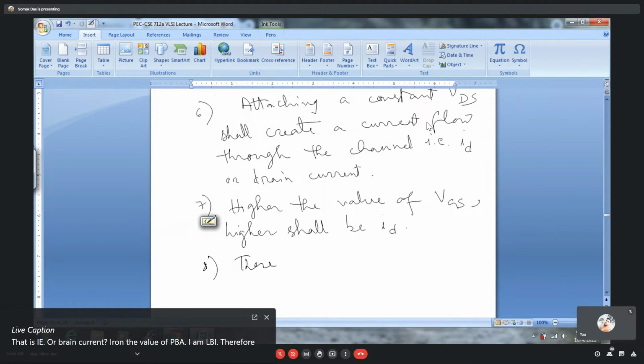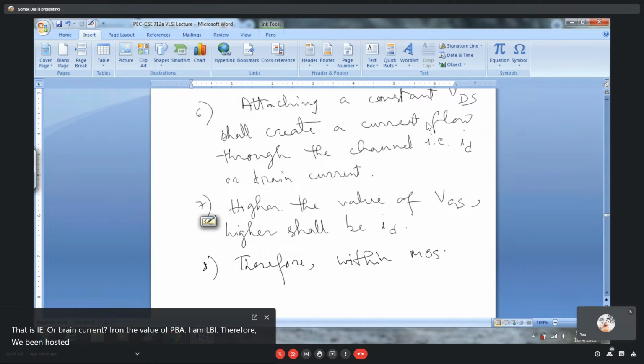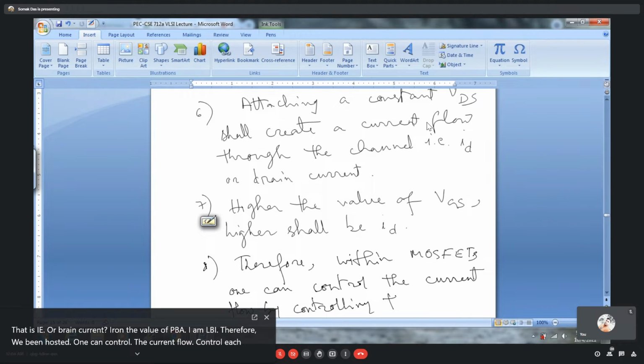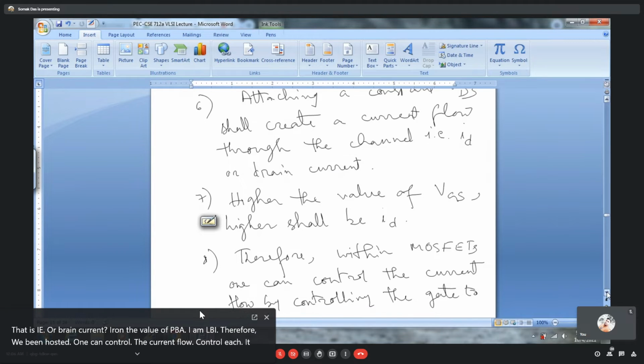Therefore, within MOSFET, one can control the current flow by controlling the gate to source potential.